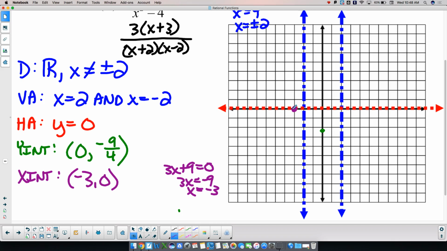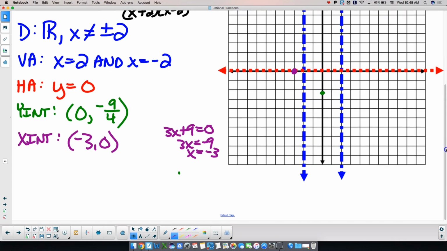Okay? So, if I put in, let's go with negative 4. If I put in negative 4 into my function, it was 3x, so that's going to be negative 12 plus 9 is going to be negative 3. Negative 4 squared is 16, minus 4 is 12, so that's negative 1/4, so that's up here.